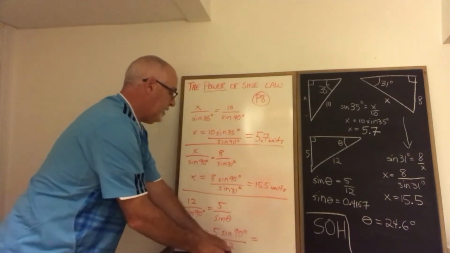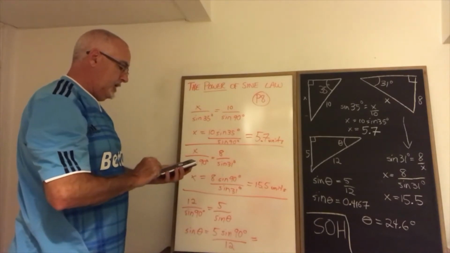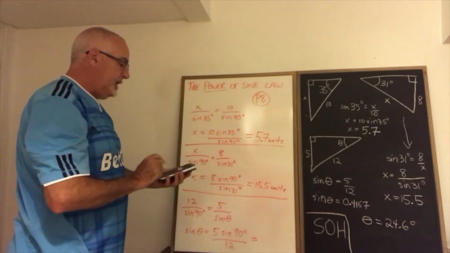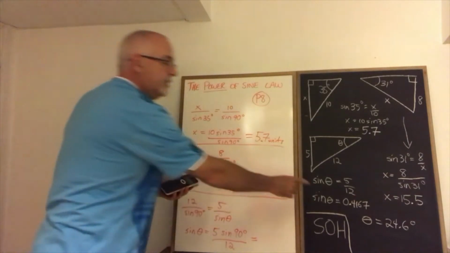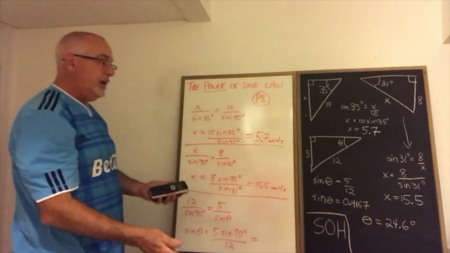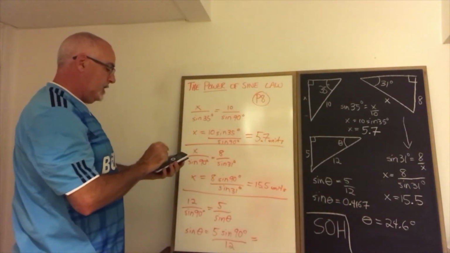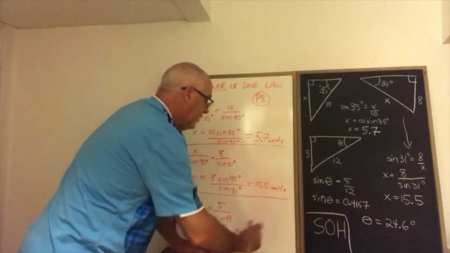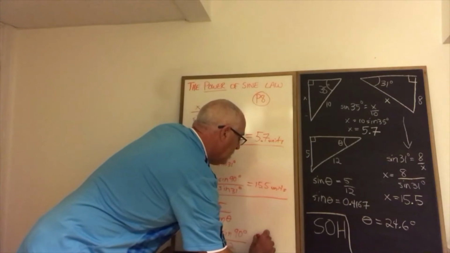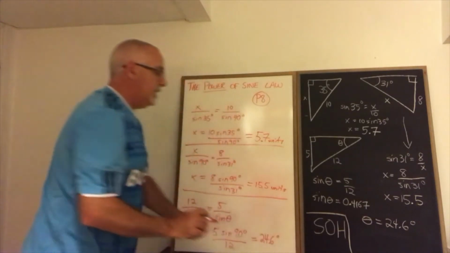So I'll simplify this. 5 times the sine of 90, divided by 12, equals 0.4166, rounding to 0.4167, and then I do second sine to the answer, and I get 24.6 degrees. Of course, the answer I knew I would get. And this time I do have a unit of measure, which is the degree.